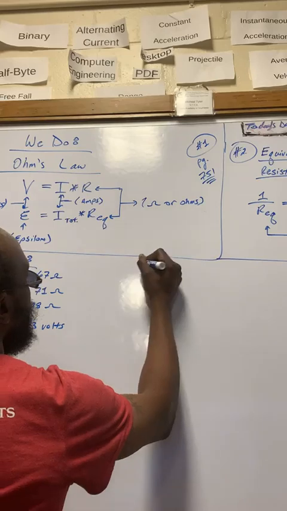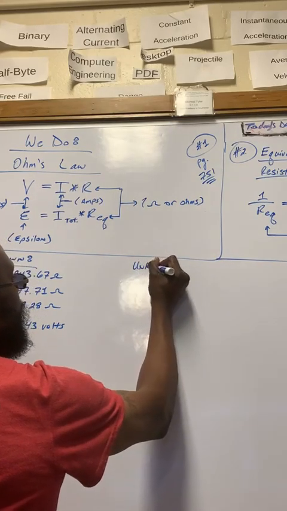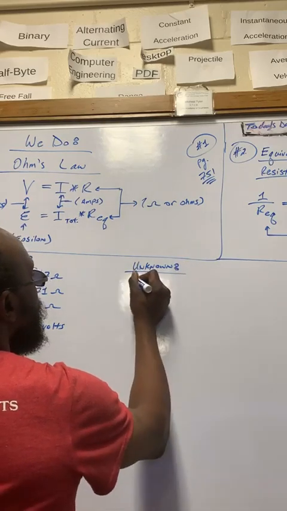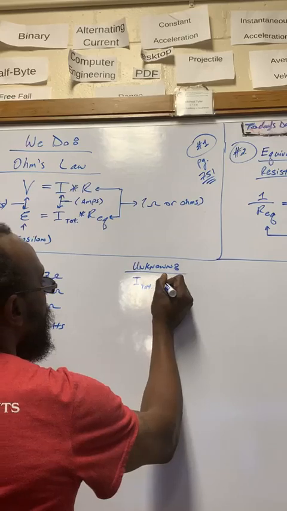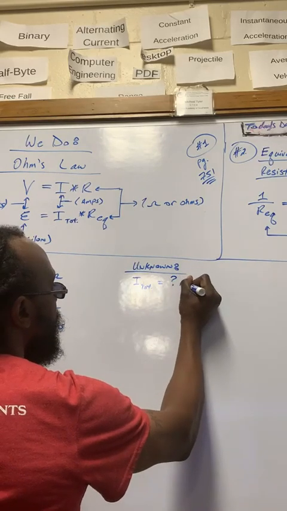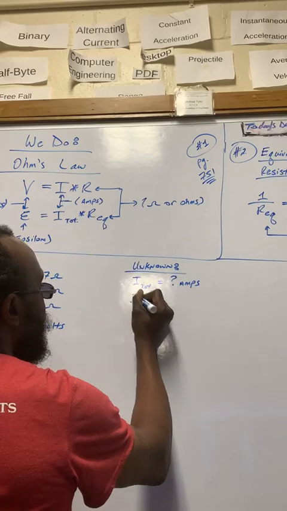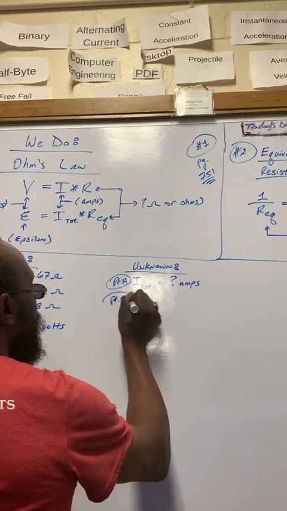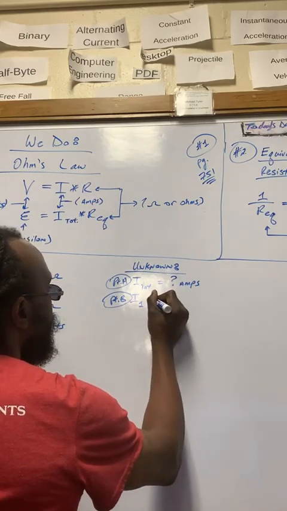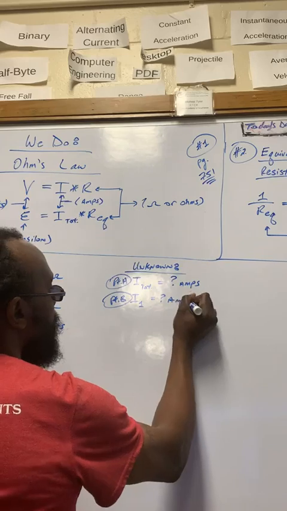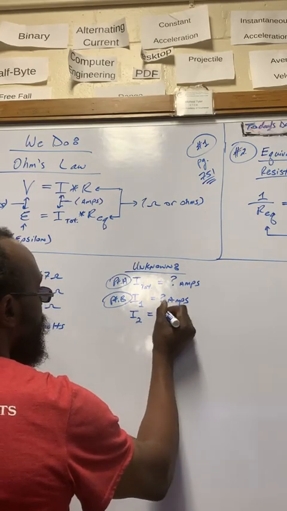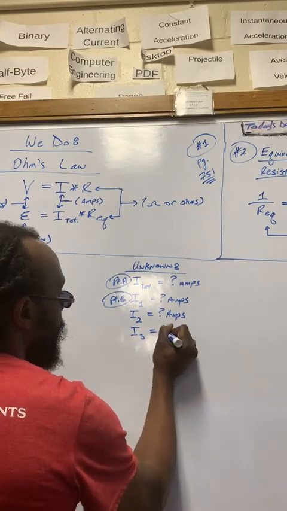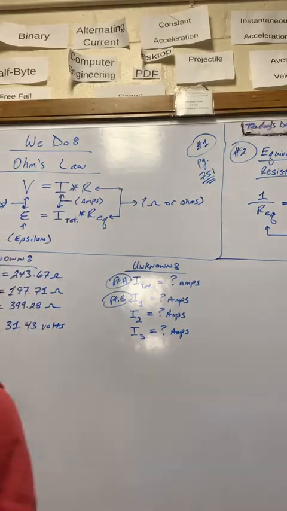So, two parts of this problem. What do we know, and what are we going to ask? We know what we know; we've got the ingredients. So we need I total, some number in amps. This is part A. For part B, we need I sub 1, some number in amps, I sub 2, also some number in amps, and I sub 3, because you have 3 resistors, some number to calculate in amps.